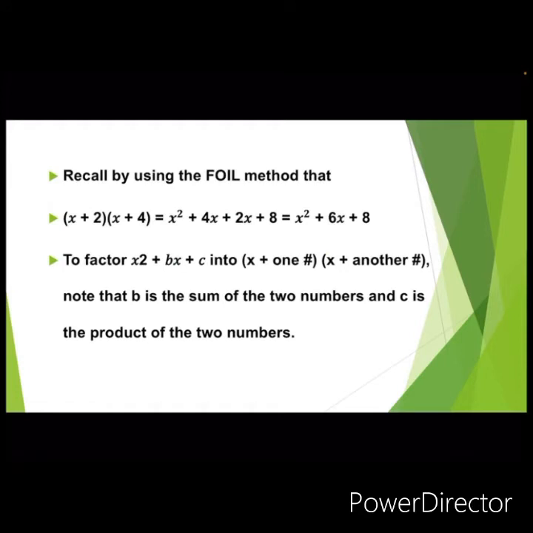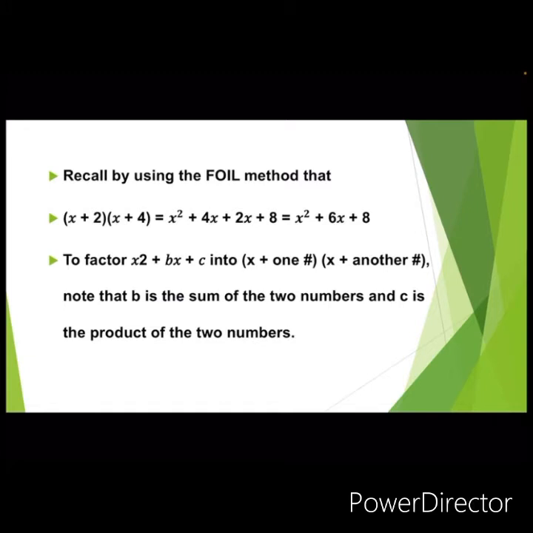Recall, by using the FOIL method, that the quantity x plus 2 times the quantity x plus 4 is equal to x squared plus 4x plus 2x plus 8, which is equal to x squared plus 6x plus 8.